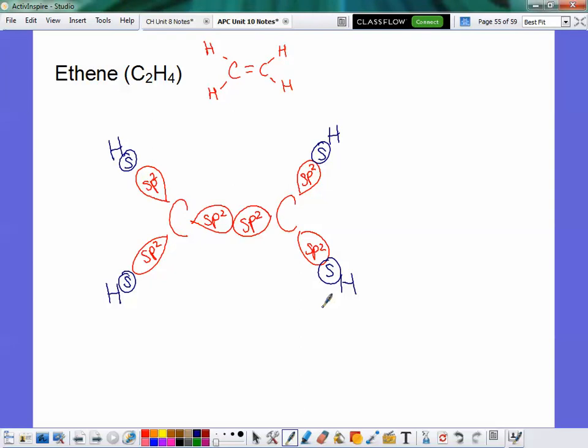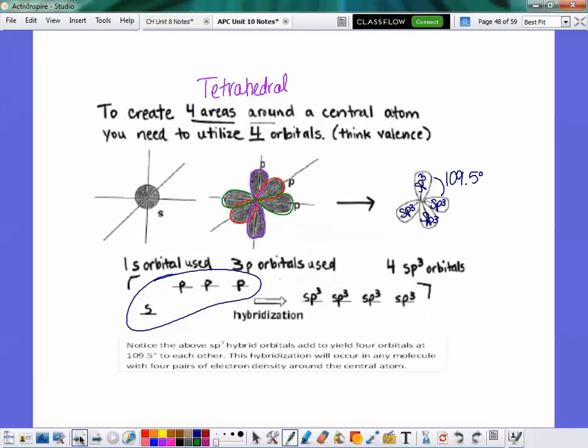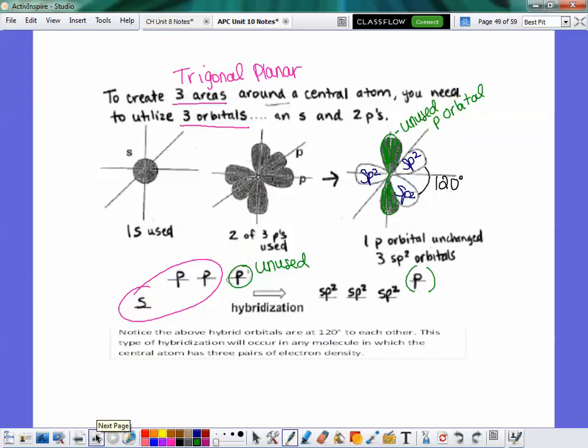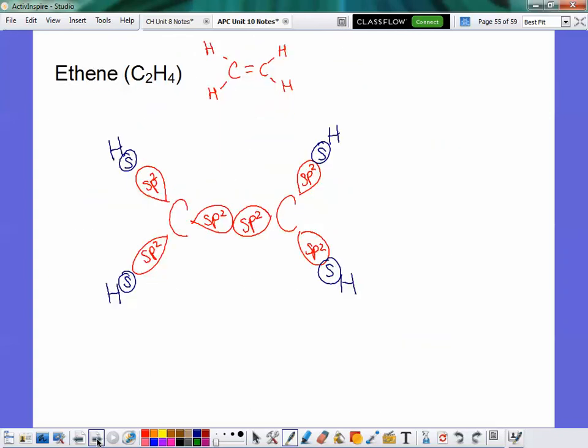Now, on those carbons, these are sp2 hybridized. Let me go back to this. In an sp2 hybridization, when the central atom does sp2 hybridizing, we have an unused p orbital. That p orbital is still there. That's my unused p orbital.